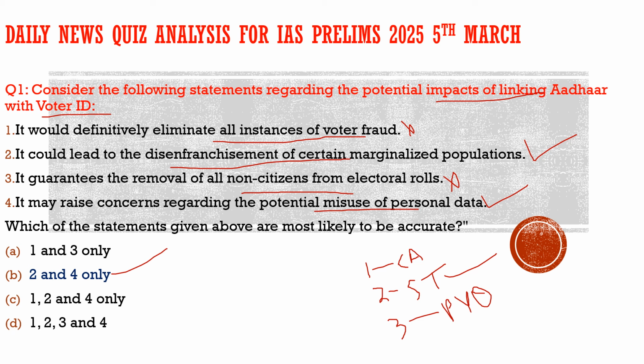For example, the first issue which got importance was the voter turnout. We saw that in the assembly elections, the author is giving the example of the Maharashtra elections.